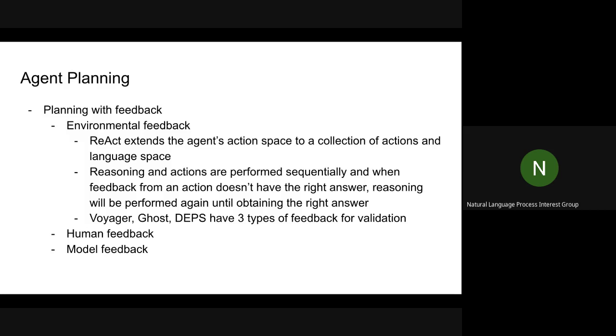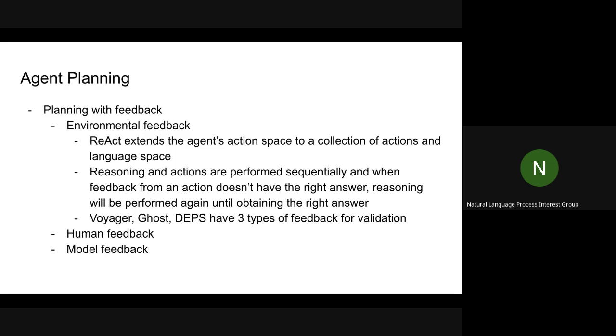When feedback from an action doesn't have the right answer, reasoning will be performed again until obtaining the right answer. This is why if you use the ReAct agents, you can see that it tries a few times to get the response. It actually has an evaluation like, oh, did this solve the answer? Yes or no. If it didn't, it tries again. And then at the end, it has a final stage saying, hey, I got the answer.